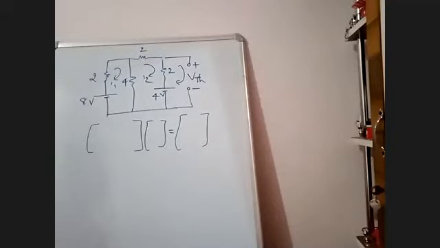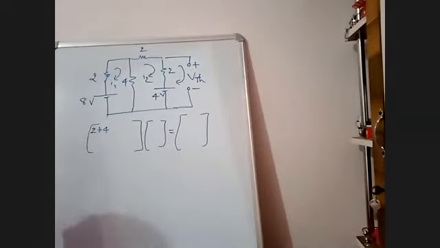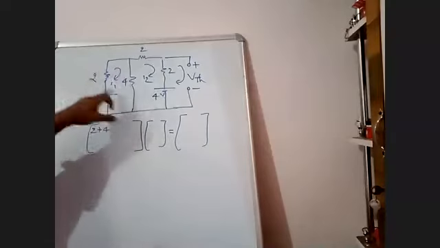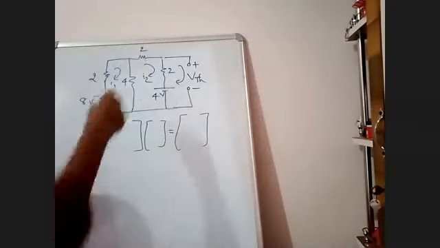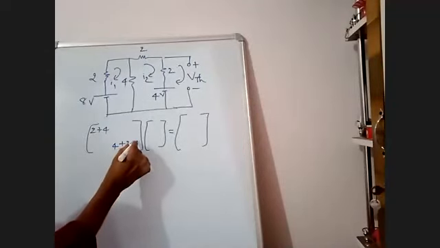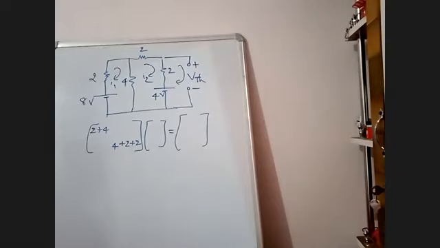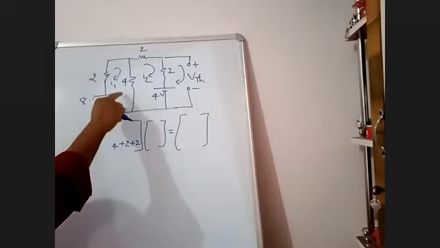Diagonal: sum of all resistances in the first loop, 2 plus 4. What is the sum of all resistances in the second loop? 4 plus 2. Now what is A12, the common element of the first loop and second loop?